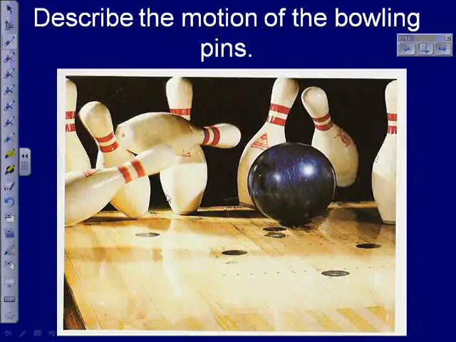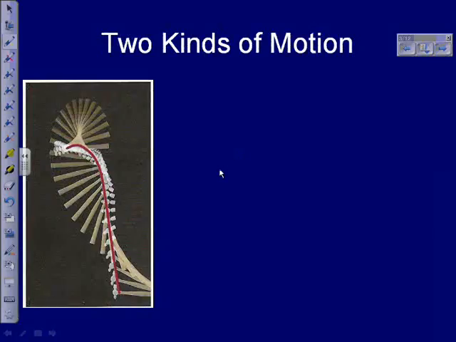They'll start moving backwards or sideways, depending on how the ball hits and how the other pins hit them, et cetera. But if we take a look at this one here, what else are they doing? They're moving backwards, but they're also spinning. They're also rotating, right? So we can have two types of motion occurring at the same time.